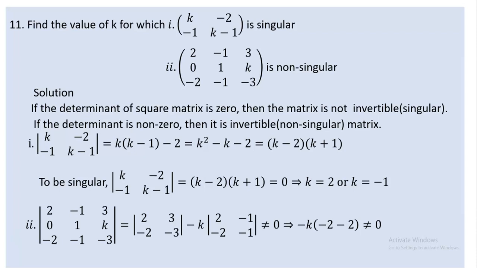So negative 2 minus 2, or negative 4, is going to come. Negative 4 times negative k makes positive 4k, right?